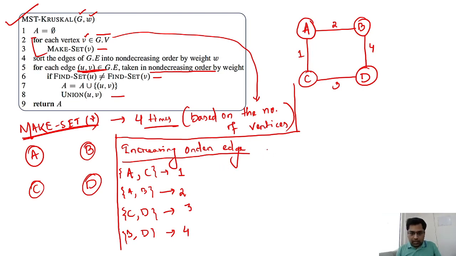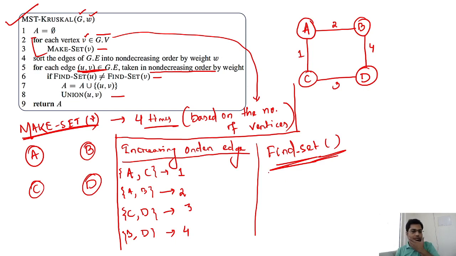Next, whenever we are running the find set operation, we have to focus on the edges first, whether the edges are considered for the first time or not, because it is written within the for loop with the if condition. Suppose I'm picking this edge.